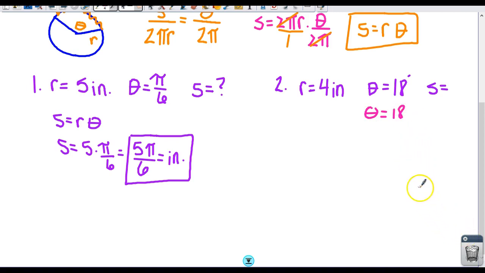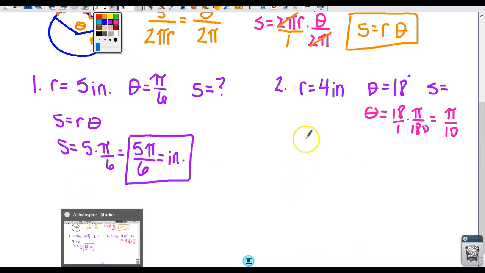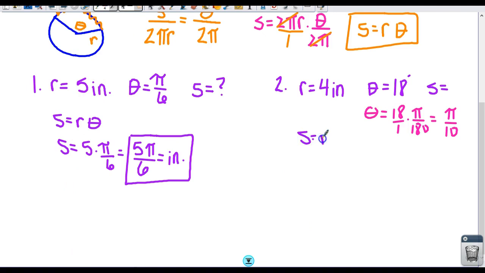If I'm going to convert from degrees to radians, what do I multiply by? Pi over 180, right? Is this a pretty easy one? What do you get for theta? Pi over what? 10. Okay. Everybody agree with that? Then we just substitute that in and get S equals r theta.